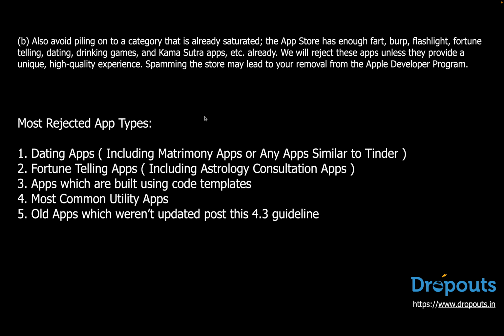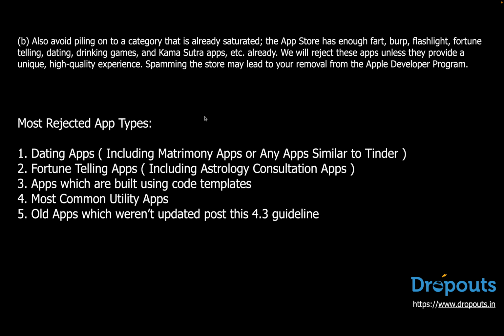Also, if you have a lot of apps and you have not updated those apps when this guideline was implemented, it might be up for rejection, because you might have multiple apps which are doing the same things with, again, a little bit different design and different template. So make sure you avoid all of that, and have a completely different approach.